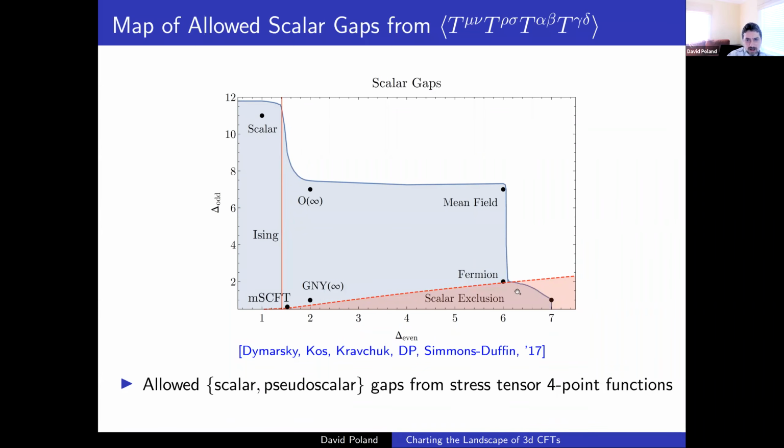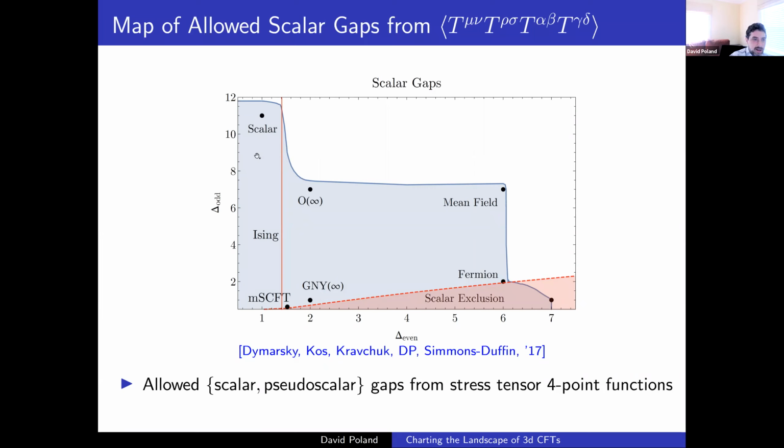But here, this plot is showing you, in a 3D CFT with a parity symmetry, the x-axis is the leading parity even scalar, the y-axis is the leading parity odd scalar, and you get some exclusion plot from the numerical Bootstrap, and you can identify lots of known solutions in this space.